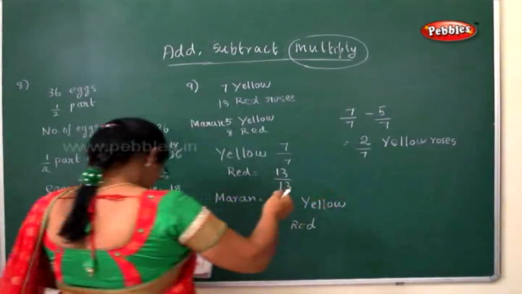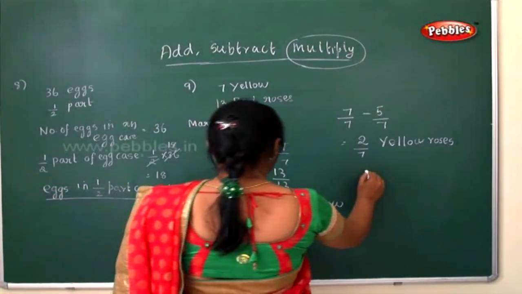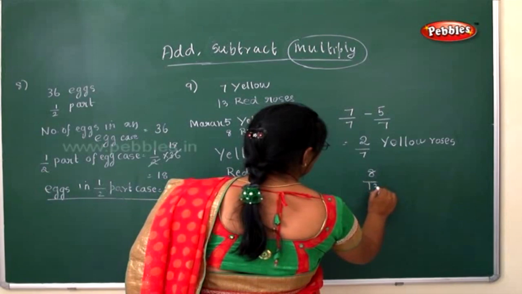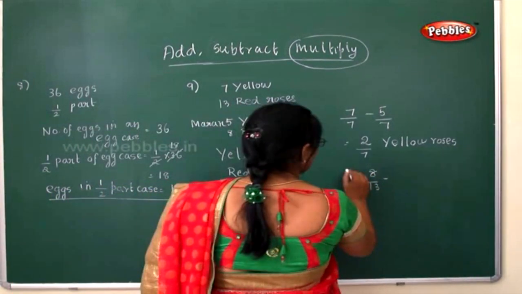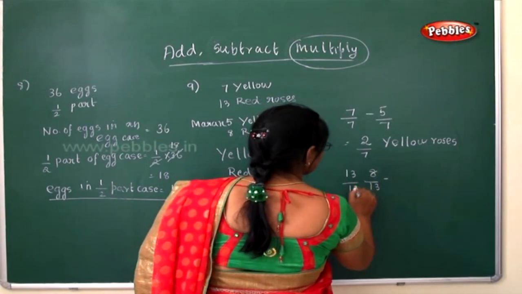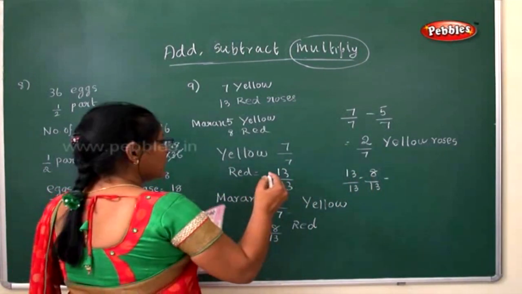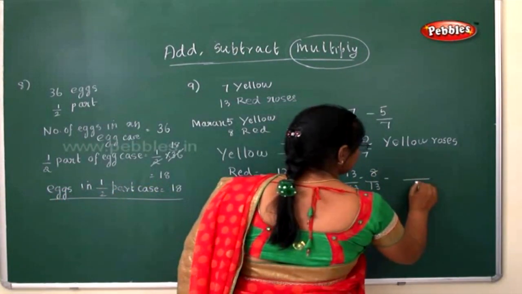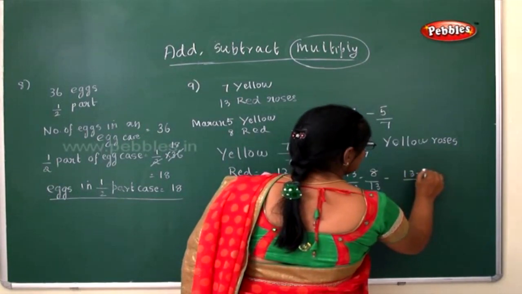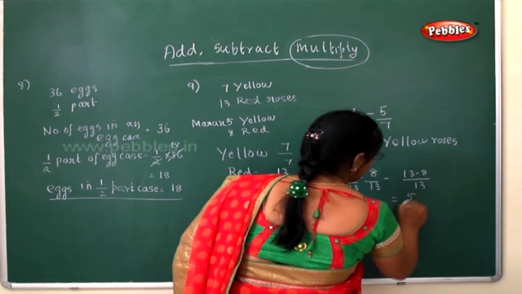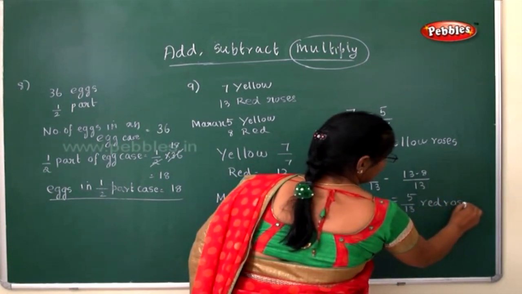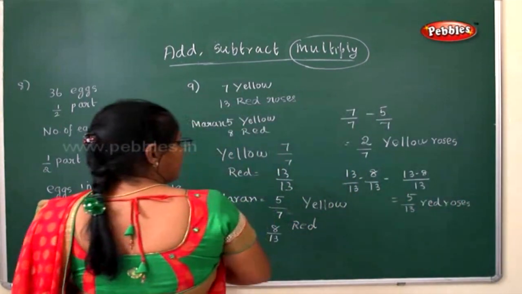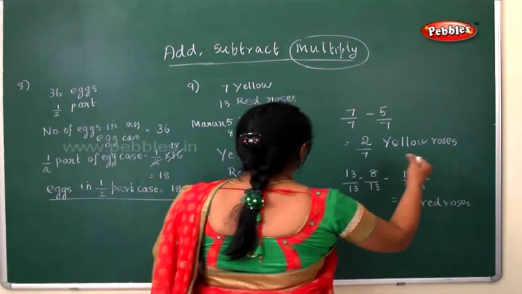Now in red roses, it is 13 by 13 minus 8 by 13. It is 13 minus 8, so 5 by 13 of red roses is remaining.